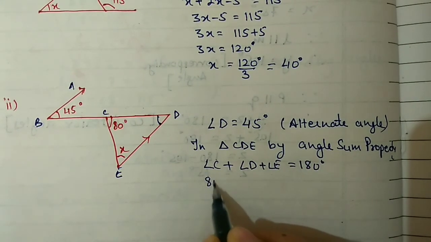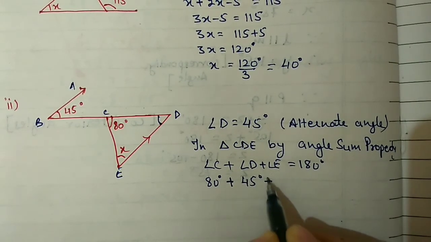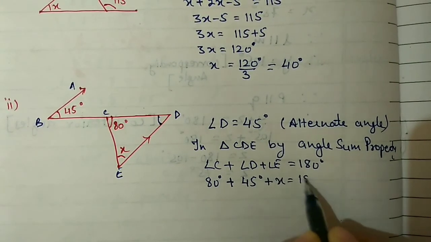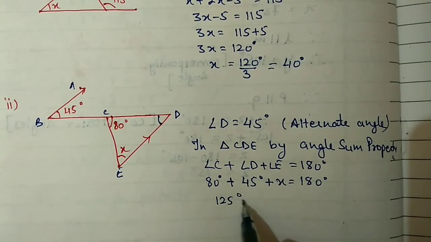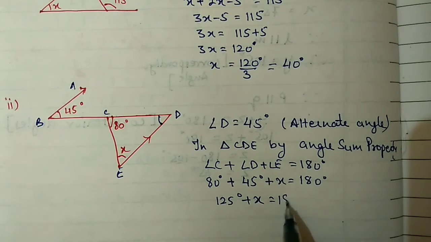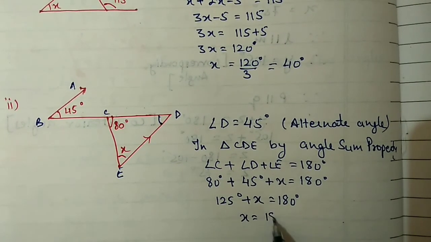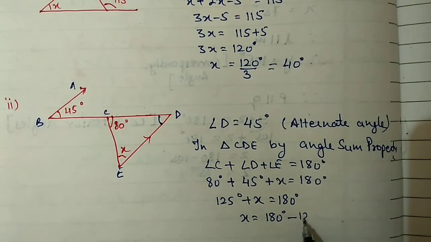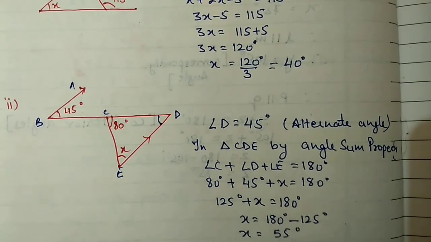So C is given here as 80 degrees, D we have calculated as 45 degrees and E is given as x. These two if you add you will get 125. Now this 125 you can shift to the other side. 180 minus 125. So the value of x is 55 degrees.